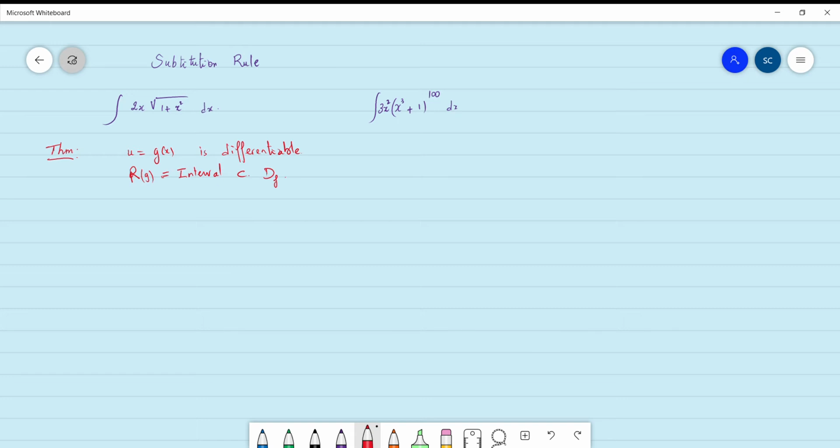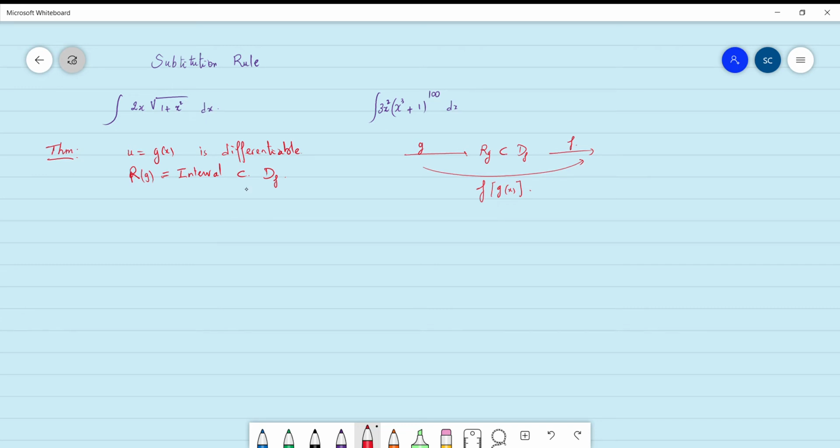So here we have the following situation. We have g, which is defined somewhere and takes its values; the range of g is included in the domain of f. Then we have the function f, so we can form the composite function f of g of x. That's why we need to check this inclusion is satisfied.